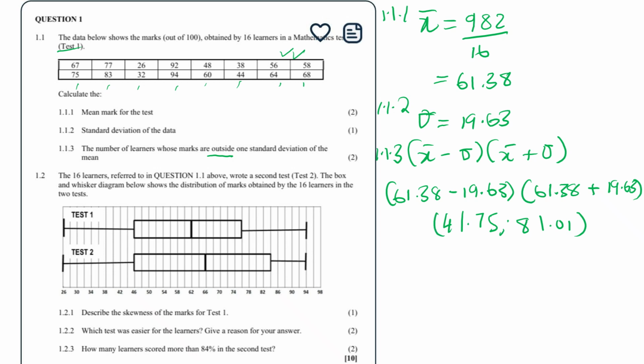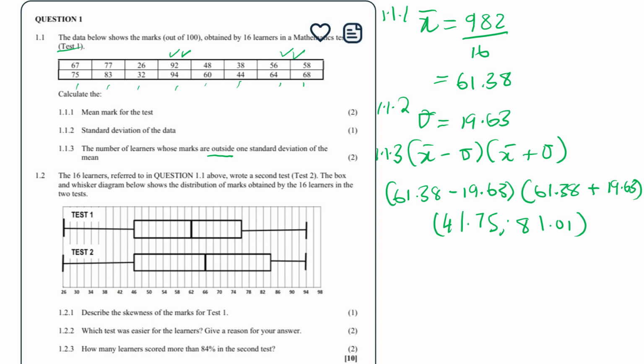They are not within. If they were within, we were going to find the number of learners who are within 41.75 and 81.01. But now who are outside one standard deviation, therefore now they have to be less than 41.75 and greater than 81.01.